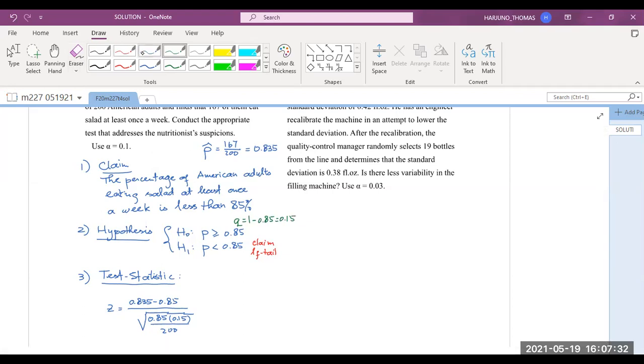Now I will use my calculator. I get negative 0.594088809.